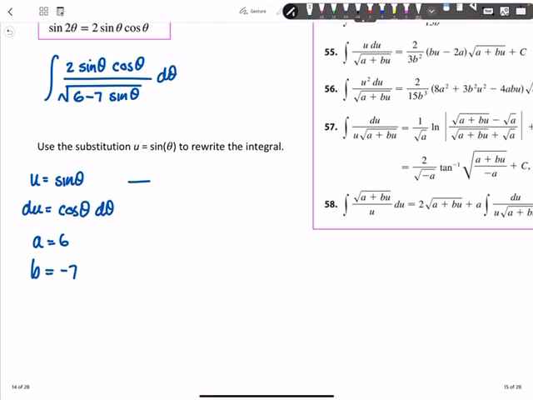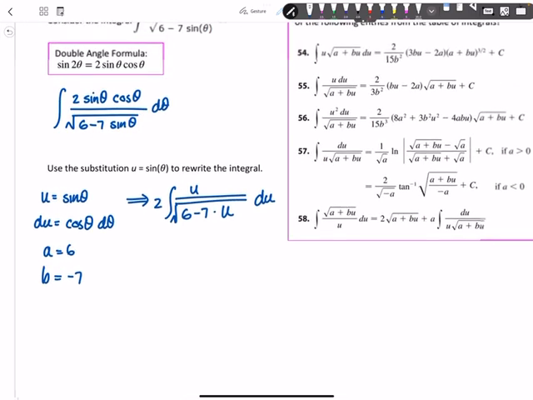So the substitution then is going to yield 2 times the integral of u over the square root of 6 minus 7 times u du. And I think now we can go look for a table formula that might work.